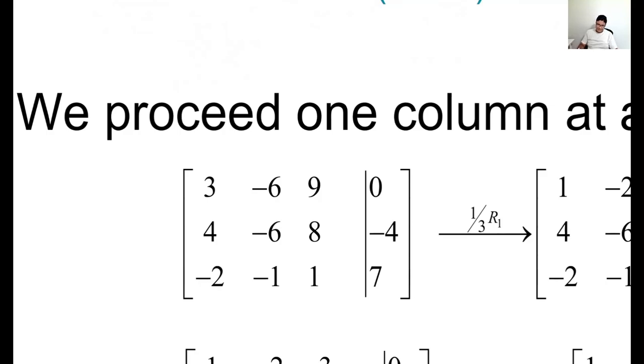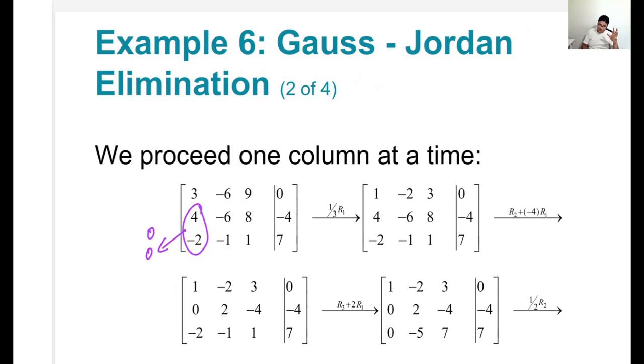So this is the initial matrix, and our goal is to get these to become 0 and 0. Now here's the thing. We proceed one column at a time. That will be the best strategy to apply. You want to get to the diagonal form, so do one column at a time, not all at once.